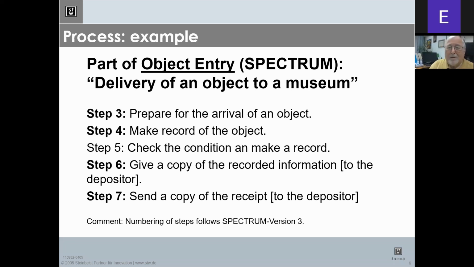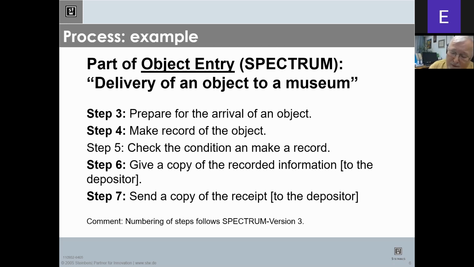If you look to the object entry, and if I speak about Spectrum, I like to refer to Spectrum version 3. At the moment we have version 5, but in a project many years ago, I analyzed the Spectrum 3, and it's still an excellent work, this basis.